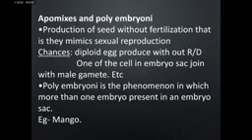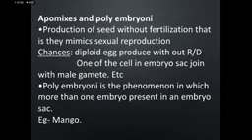Then the next one is polyembryony. Polyembryony is the phenomenon in which more than one embryo is present in an embryo sac. Here we know that normally there is one embryo present in an embryo sac. While if we consider the case of humans, there are twins, maybe fraternal or identical. Similarly, this is sometimes present in plants.